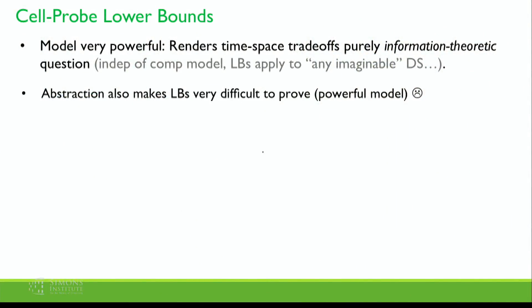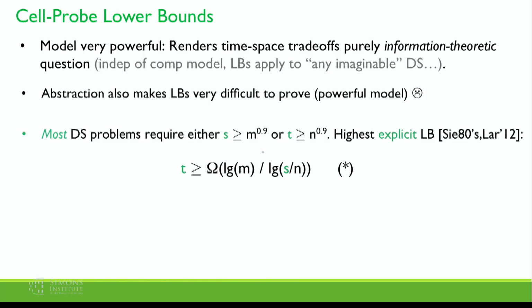Unfortunately, not surprisingly, this abstraction also makes it very difficult to prove unconditional lower bounds on data structures. More specifically, for a random data structure problem with polynomially many queries, there's nothing better you can do than either storing all the answers or probing all the cells.